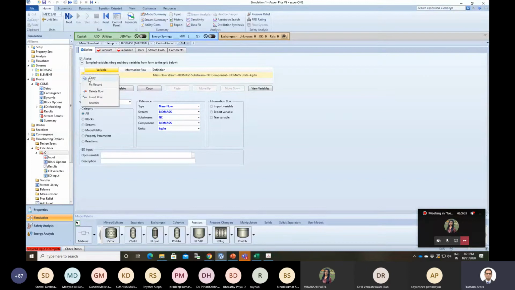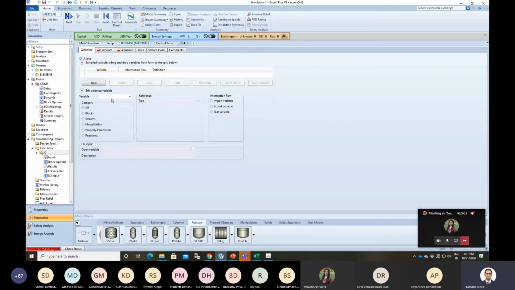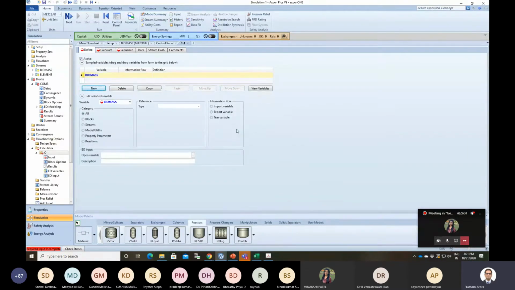I'll go through it again. I define a new component, and I need to take from the flow sheet the flow rate of biomass. I define a new component called biomass, and these are the different variables that could be derived from a flow. What I would need is a flow variable or mass flow. Then it asks me for the stream.